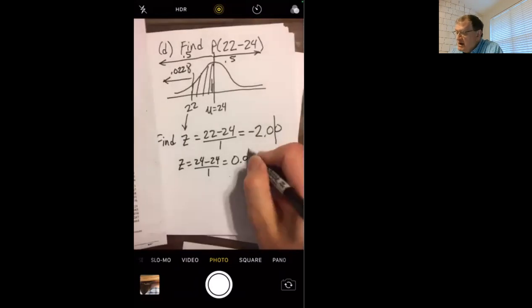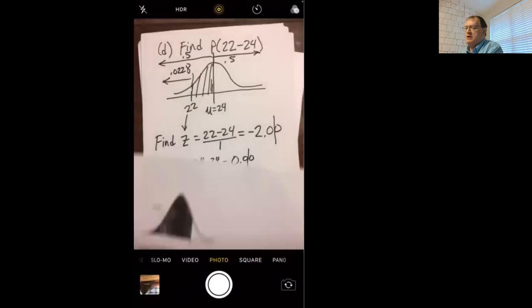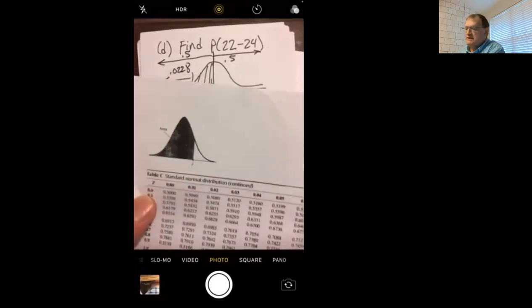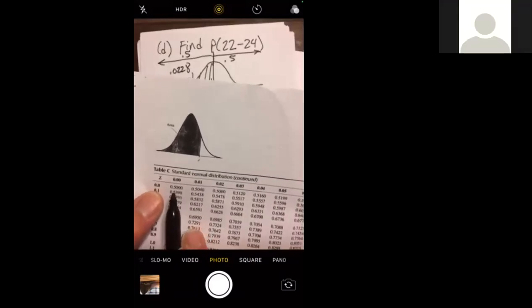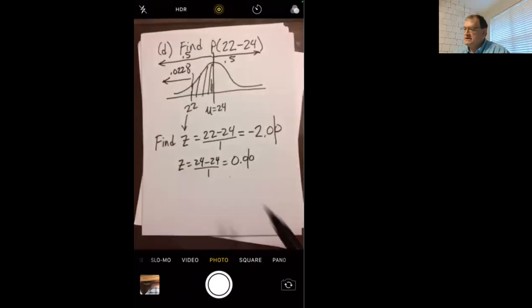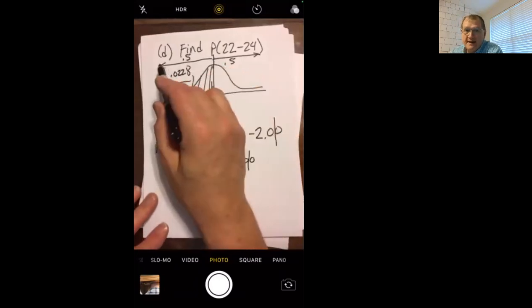You can either look it up from the bottom, where it says -0, or from the top corner. 0.0 and the 0 column gives 0.5000, which is, again, the left side all the way.